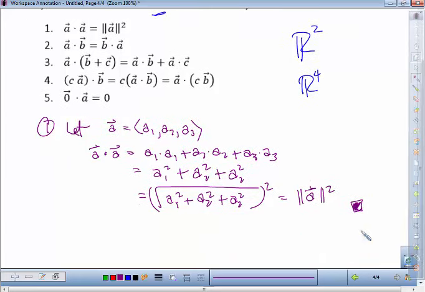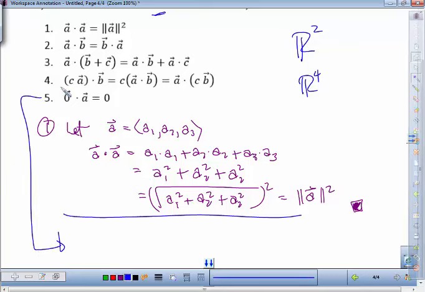The other property that I wanted to make a big deal out of is the last one. And if you look at the last one, there's two zeros that are involved there. One of them has an arrow on top, and the other one does not.